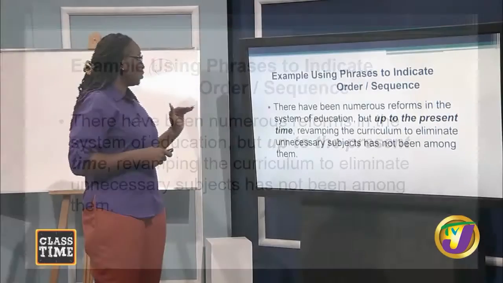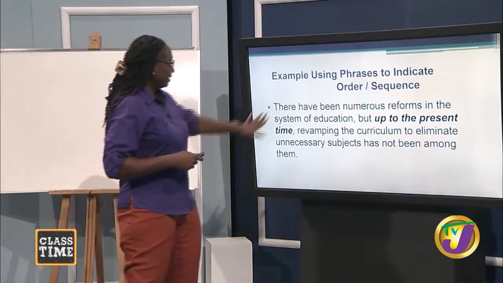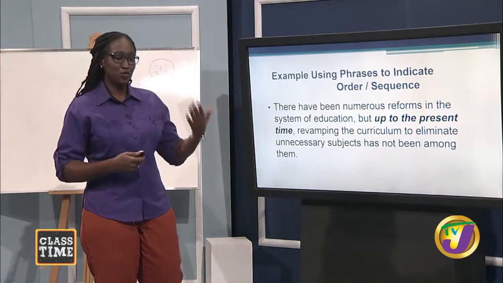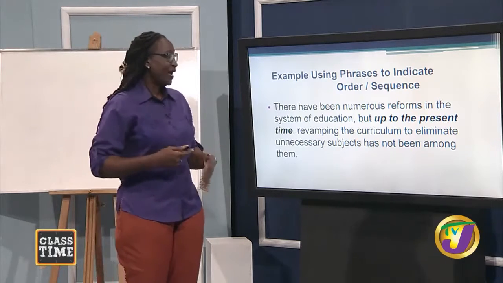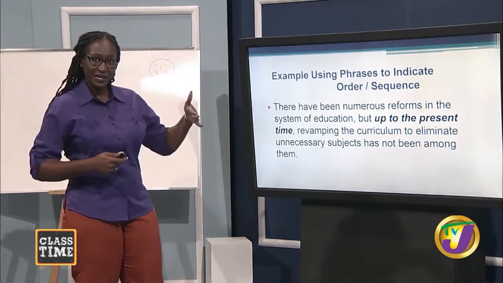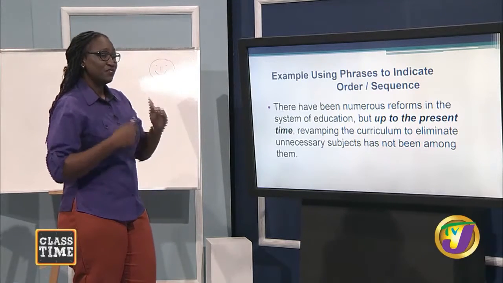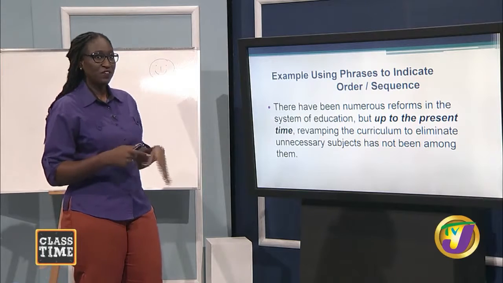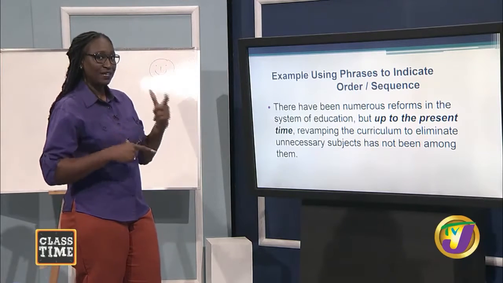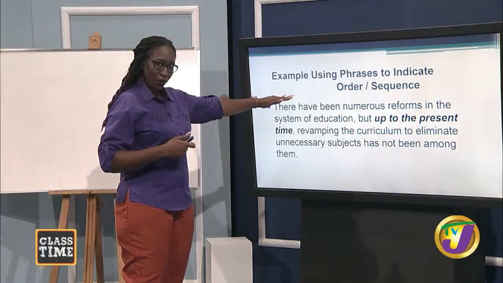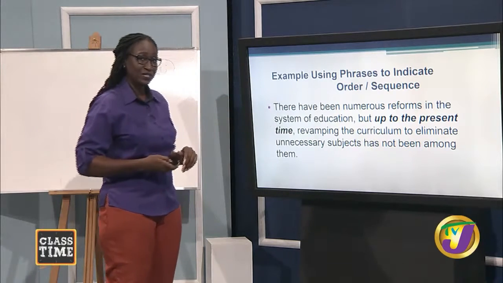All right? So it starts off by showing what happened first, which was numerous reforms were being done. But it says up to the present time. So it's coming down to now. So at present, there still have not been any reforms for this one specific thing that we're focusing on. So right there, we have shown the order, the sequence. So let's look at another example.